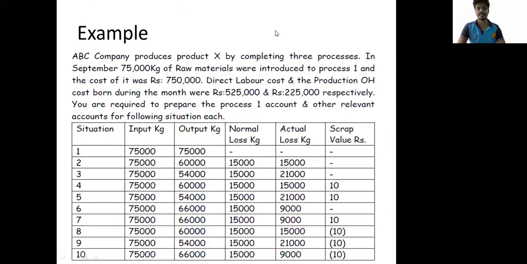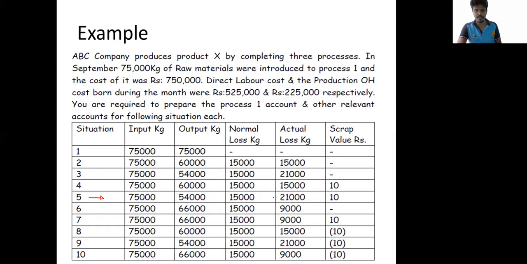Okay. Next one. Situation number 5. Input 75,000, output 54,000, normal loss 15,000, actual loss 21,000, scrap value rupees 10. Now in this movement we are having the abnormal losses, as now you can identify.